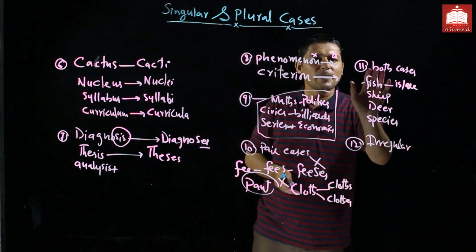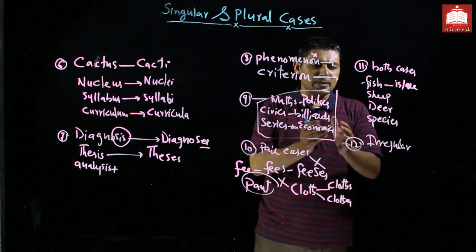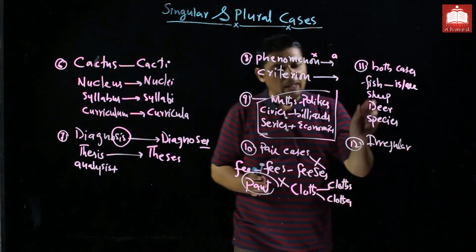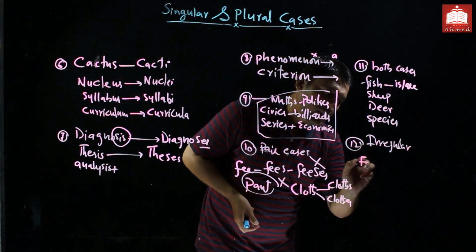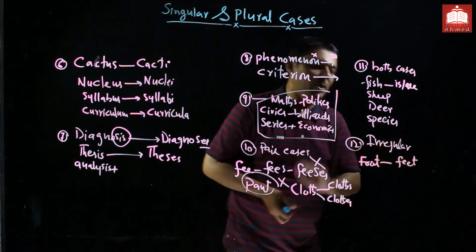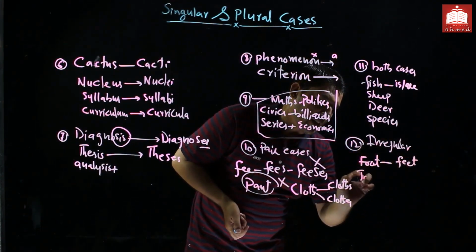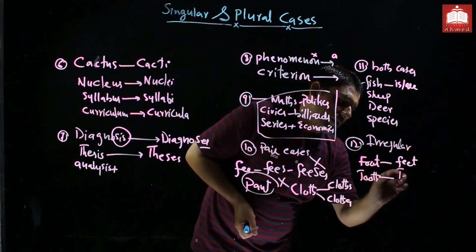Okay. Apart from 11, rule number 12, in which we have different categories, so that is why we have given the name irregular forms. Example is foot, singular, then feet, plural form. Another example is tooth, then teeth.